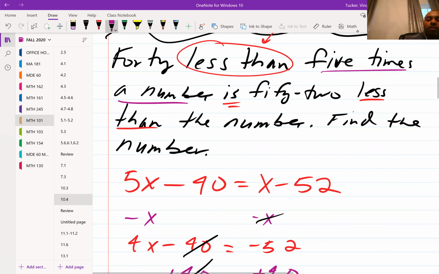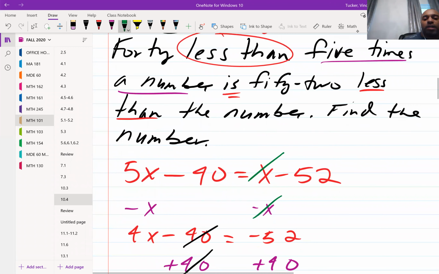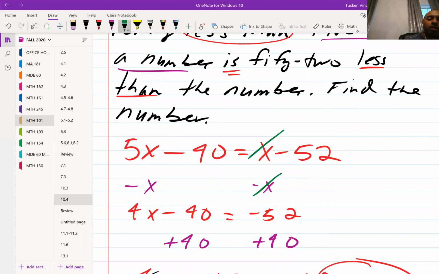All right, so from there, we'll go ahead and solve. Remember, whenever we have variables on both sides of the equation, your goal should be to get x on one side and the other terms without x to the other. So we're going to subtract x from both sides. That'll leave us with 4x minus 40 equal to negative 52.